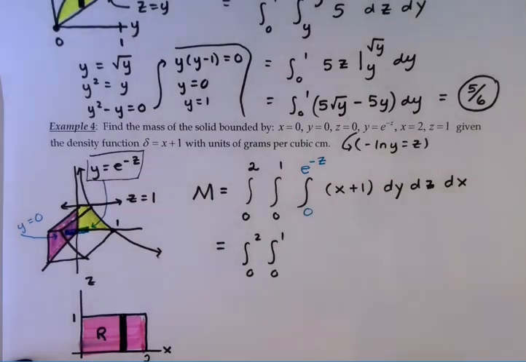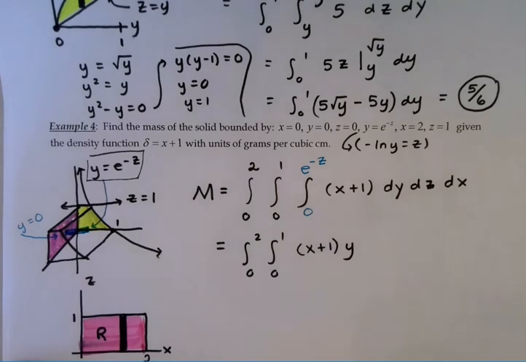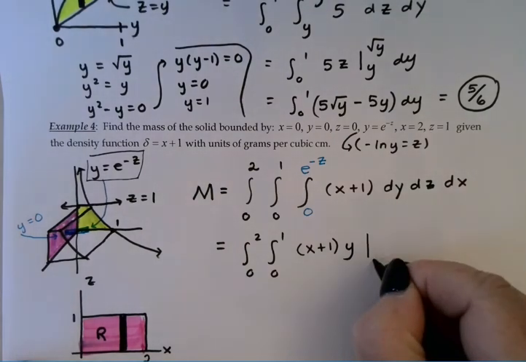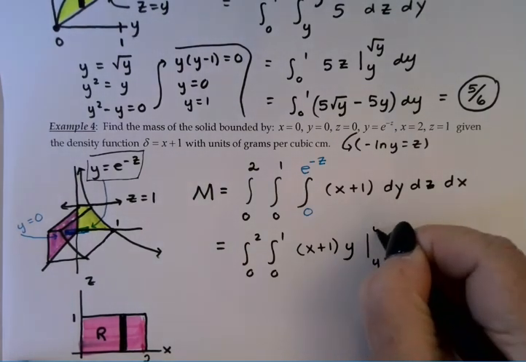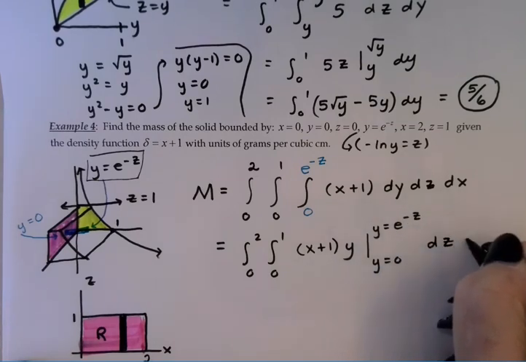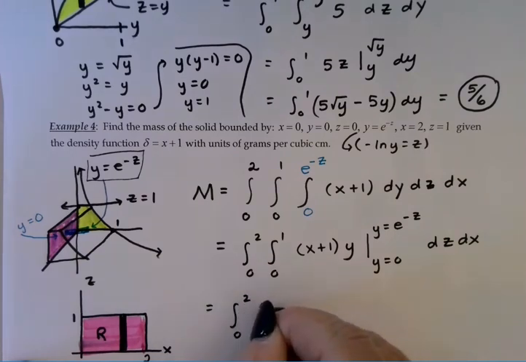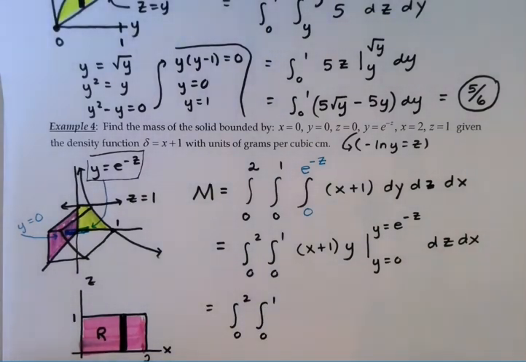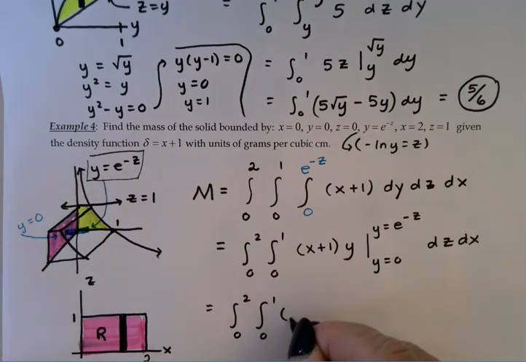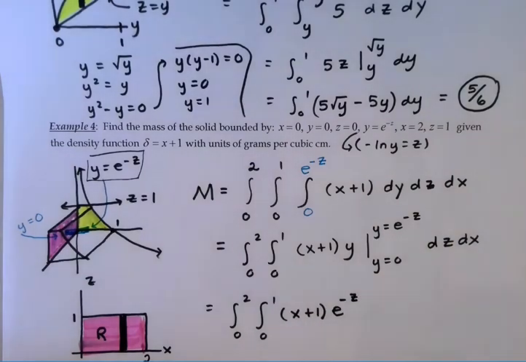All right. Integrating x plus 1 dy. X plus 1 is just a constant, so it ends up getting multiplied by y. And that goes from y equals 0 to y equals e to the minus z. Plugging in the y values, I'd get x plus 1 times e to the minus z, minus just a 0.